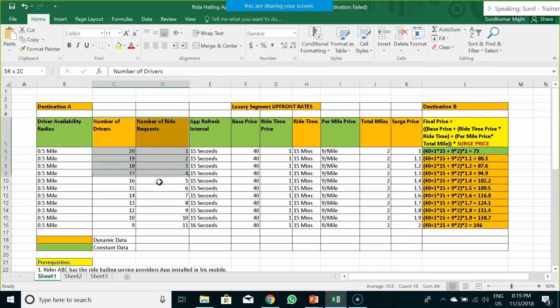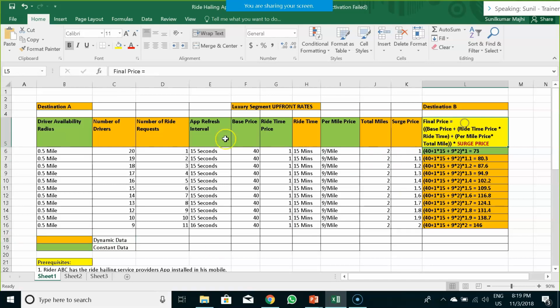But there are certain things which are highly recommended to change, and those are called dynamic data. So you divide your algorithm into two parts: the constant data, highlighted in green, which would never ever change, and the dynamic data in orange, which would change based on the situation of the request.